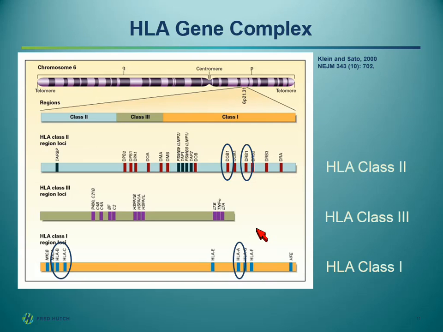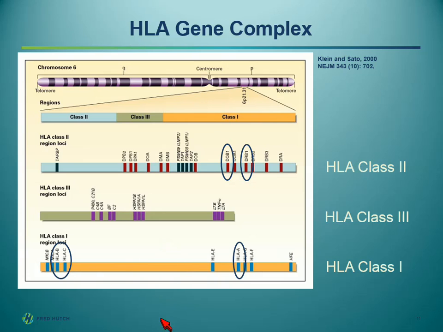That is because you can see how close these genes are sitting together. DR and DQ are very close together, so random recombinant events, which is how we get genetic diversity, don't tend to split those. Same thing down here with HLA B and C. HLA B antigens typically have 1 or 2 C antigens that travel with them, again because they're very close together on the chromosome, and recombination rarely happens.